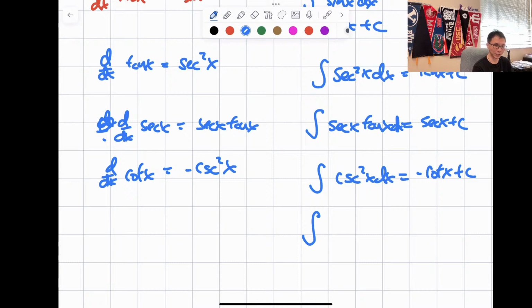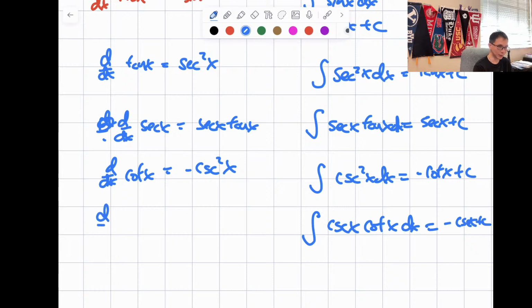And what will be the integration of cosecant of x cotangent of x? Negative cosecant of x plus c, because d/dx of CSC of x is equal to negative CSC of x COT of x.